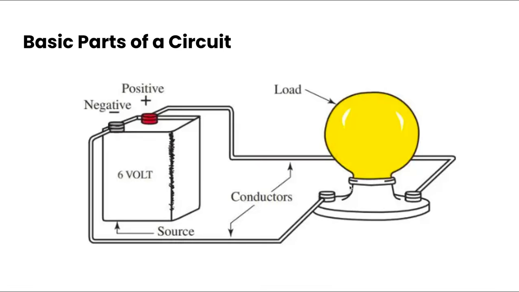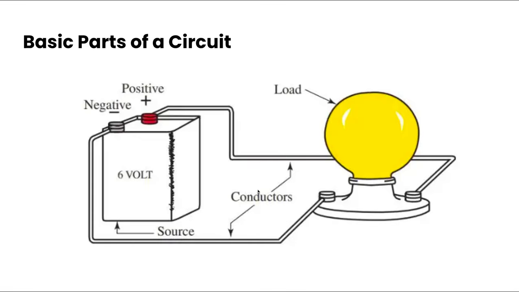A light bulb takes the electrical energy and converts it into light. Phones take that electrical energy and convert it into light through the display screen. There are lots of different loads that you can put within a circuit.